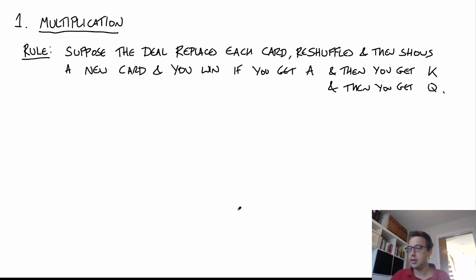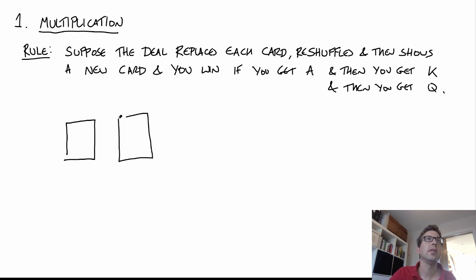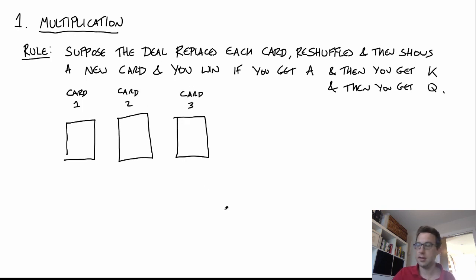Okay, so conceptually let's think about it like this, and I'll draw a few pictures as we go along. What I'm thinking of here is that I have 3 slots for my 3 cards. I have card 1, card 2, and card 3.